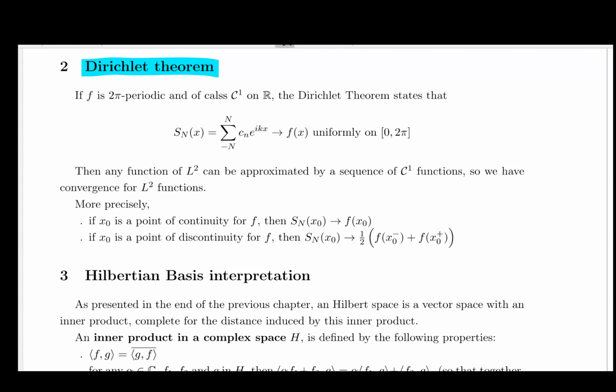Right. So what did he find? He found that if f is periodic, well, you know that even if your function is not periodic but is defined on a bounded interval, we can expand by periodicity this function so that it's going to be periodic.